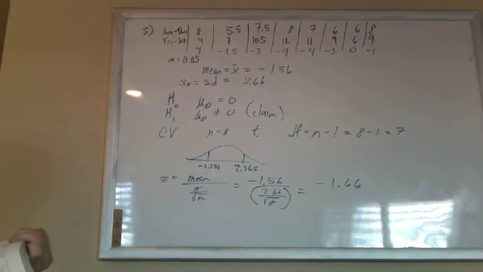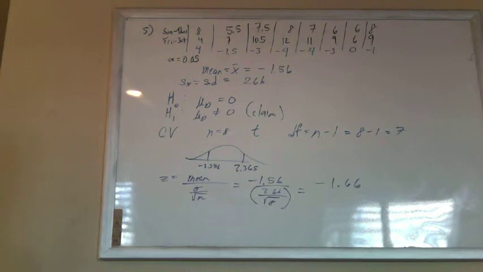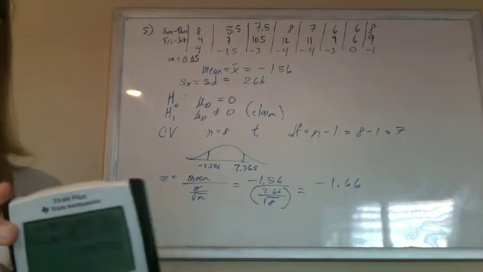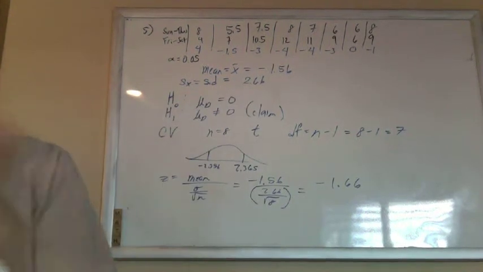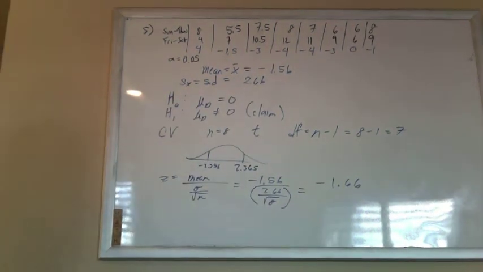No, it's okay. Match in the back of the book. Negative 1.66. Excellent. Making sense what you did? Yes. I can show it on the screen if you want. And there we go. That's what it looks like.